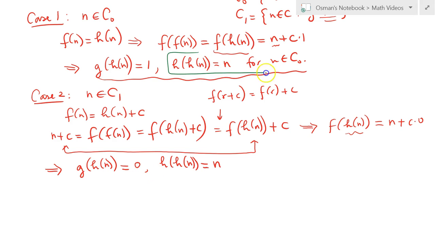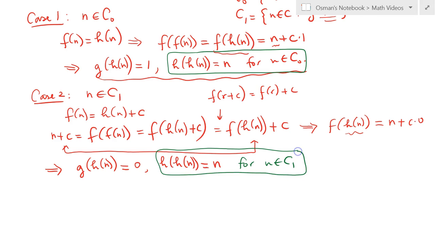Focus on the function h, please. So for n in C1 here, look at this one. When you look at the function h, it is defined from C to C, because the remainders always end up in this range, such that we have the following very nice feature.